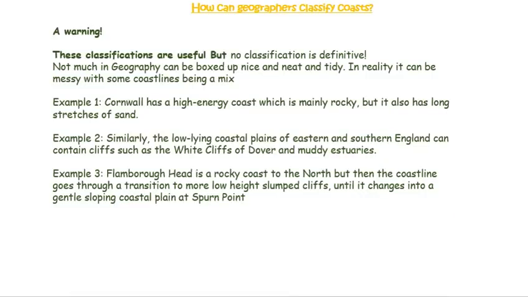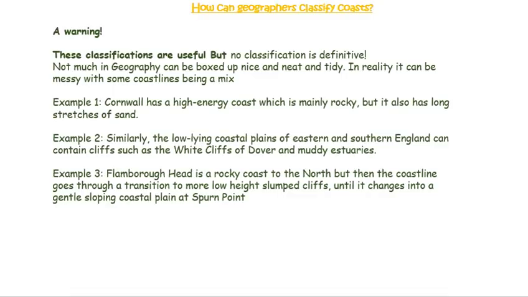And just to end, folks, a bit of a warning, really. Be a little bit careful, because these classifications, such as geology, energy, dominant process, and whether sea levels are rising or falling, are useful to us because they give us a framework for understanding what's happening in coastal environments.